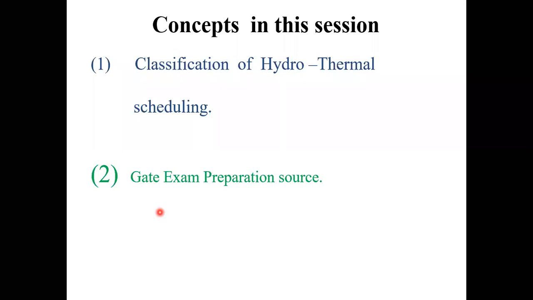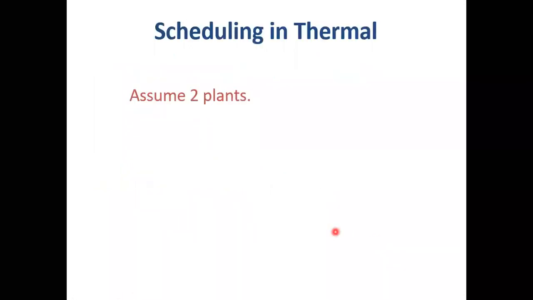First let us consider the classification of hydrothermal scheduling. Before considering the combination, that means hydrothermal scheduling, let me take individual scheduling. First let us consider scheduling in thermal. For example, assume two power plants; here we are considering only thermal power plants.